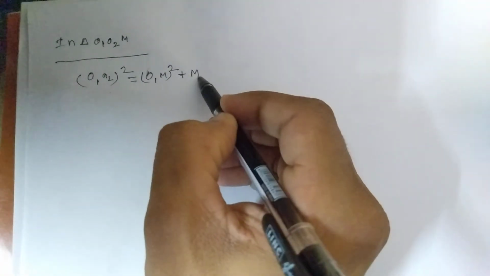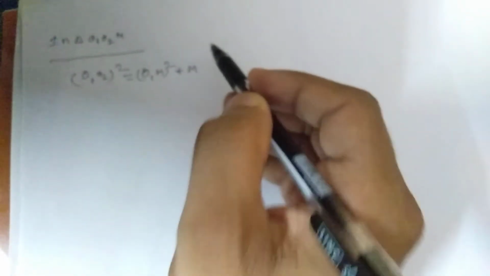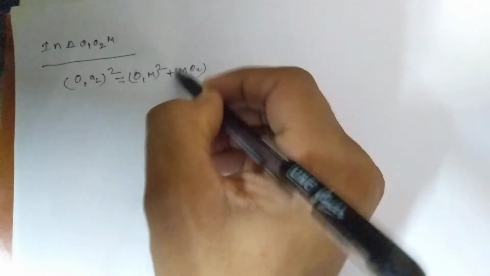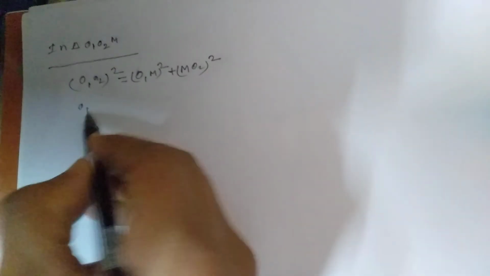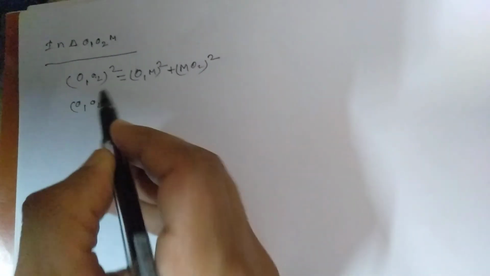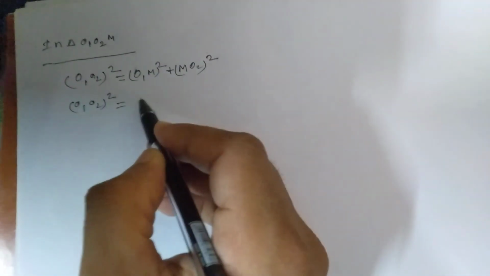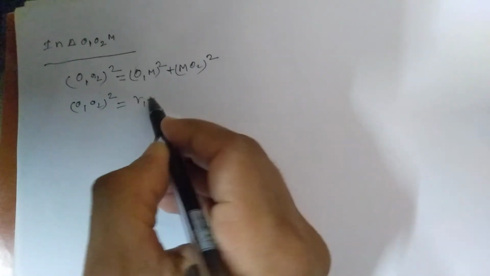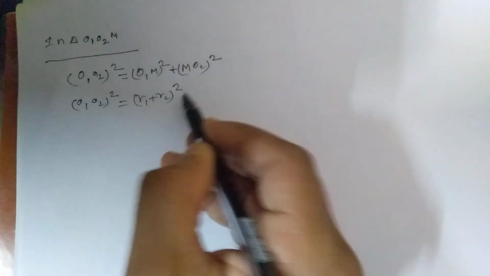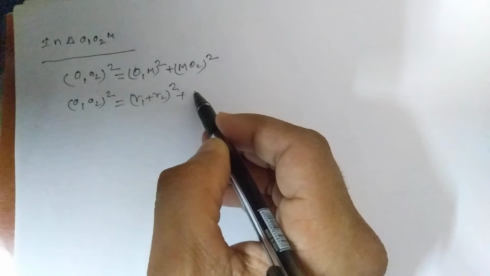So this is O1O2 square is equal to O1M, which is R1 plus R2, square plus MO2 square.